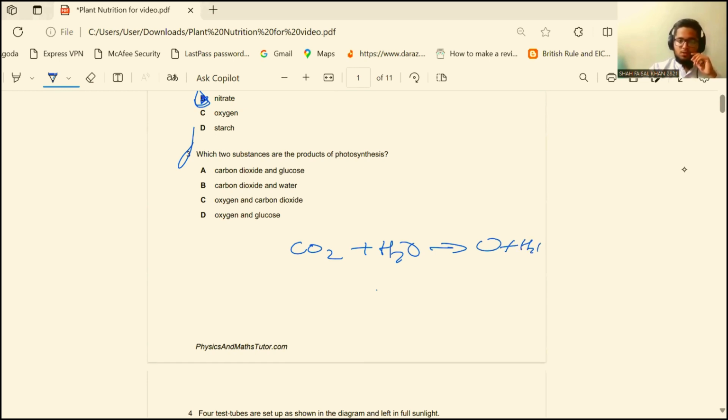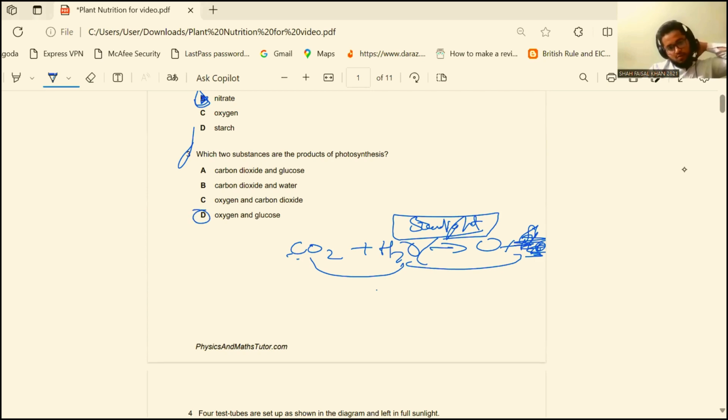Okay, something like this, glucose, because I can't fit it here in this space. Okay, so when carbon dioxide reacts with water with the help of sunlight, which is the source of energy in it, it produces oxygen and glucose. Hence, D is the answer.